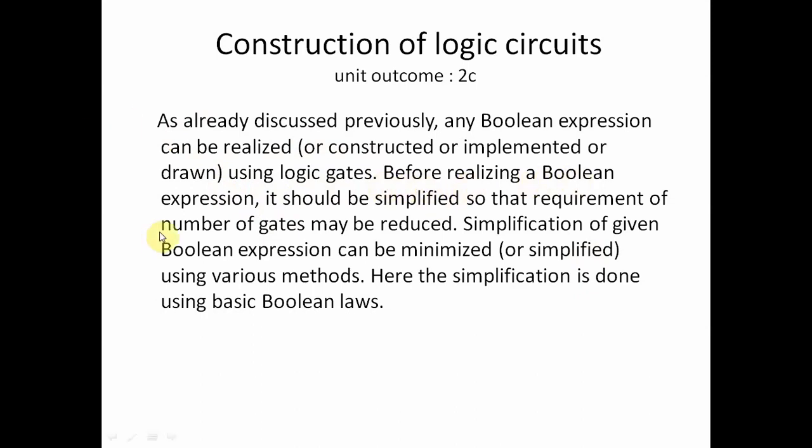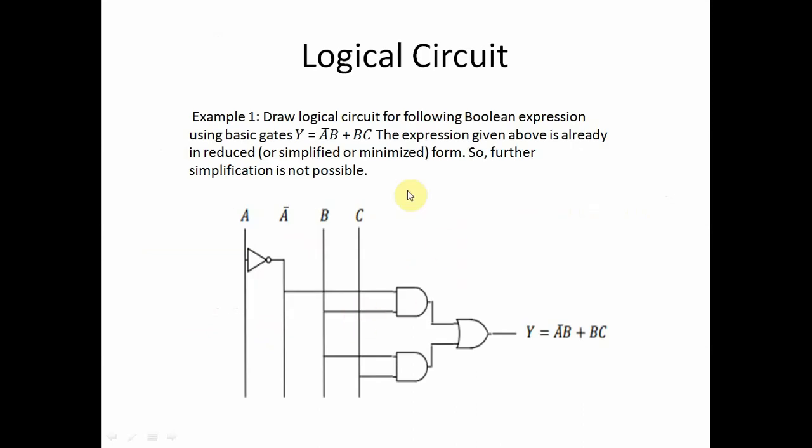Before realizing a Boolean expression, it should be simplified so that the number of gates required may be reduced. Simplification of a given Boolean expression can be done using various methods. Here the simplification is done using basic Boolean laws.